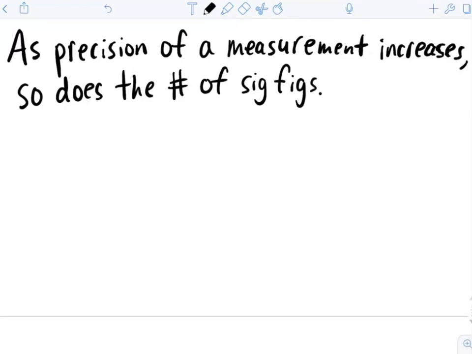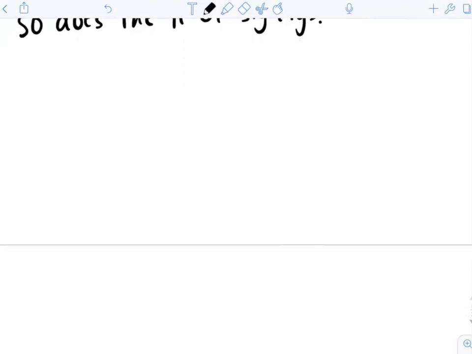So basically what we're saying with this is that if I want a really precise measurement, then I need to have more of these known digits in my number. Which leads us to, well, when do I know if something is significant or when something is insignificant?